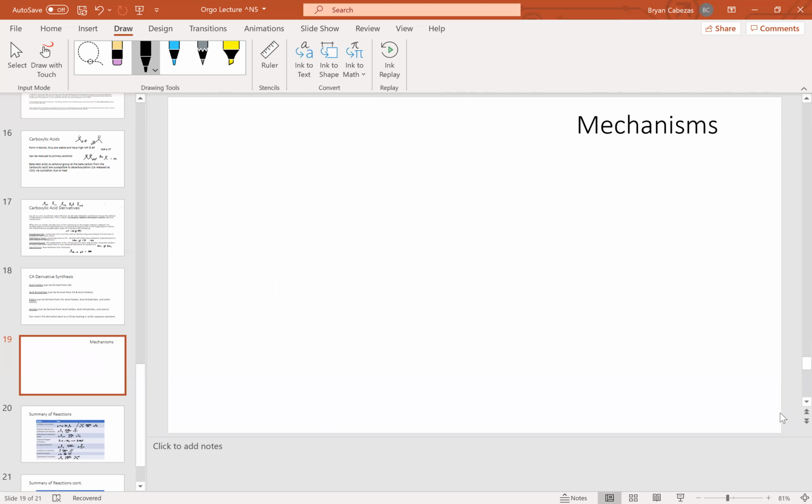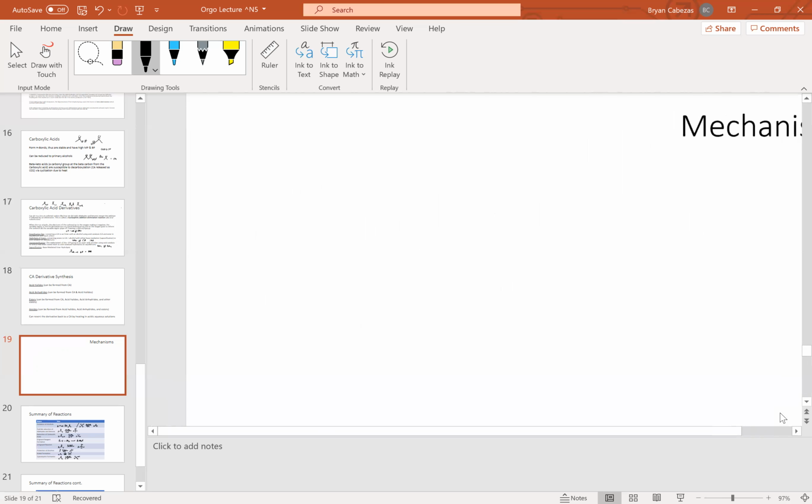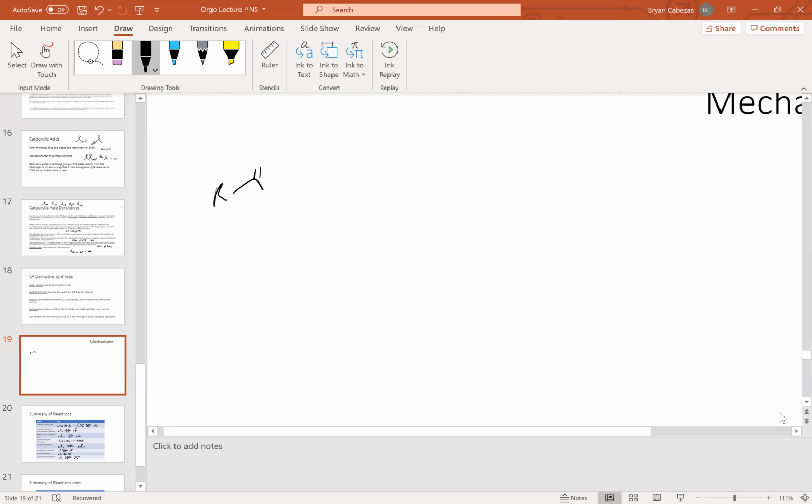Okay, now we're going to be talking about the base mediated reaction. Remember, we had an acid catalysis, and then we had a base mediated reaction for hydrolysis of the ester. So let's just say we have an R group here, an oxygen there, an OR here, and let's say we had our base, right?